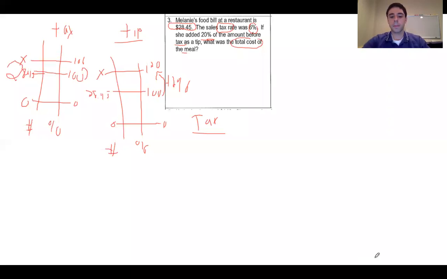Great. What will our total bill be with tax? So Q equals percent times whole.